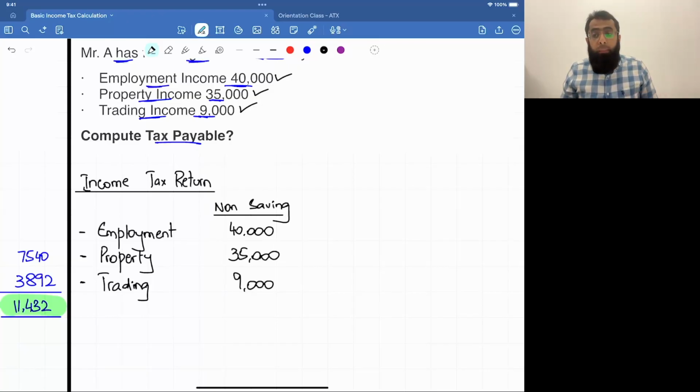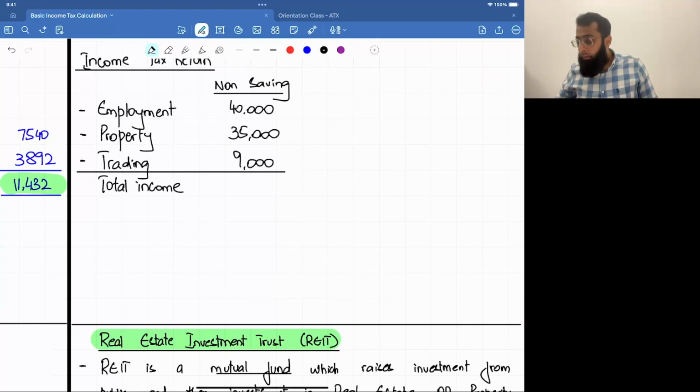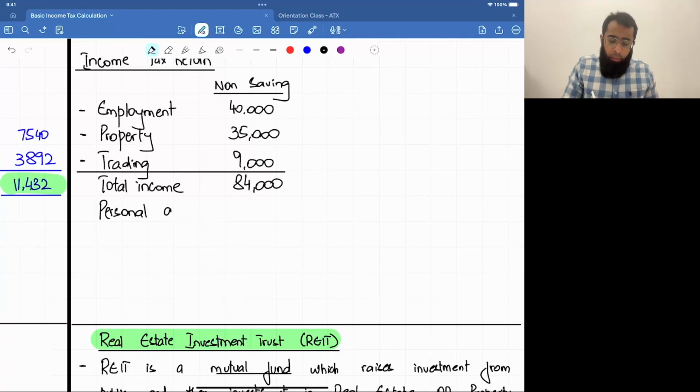Just put all three incomes, add them up, and you will get total income. 40, 35 and 9, that's 84,000.